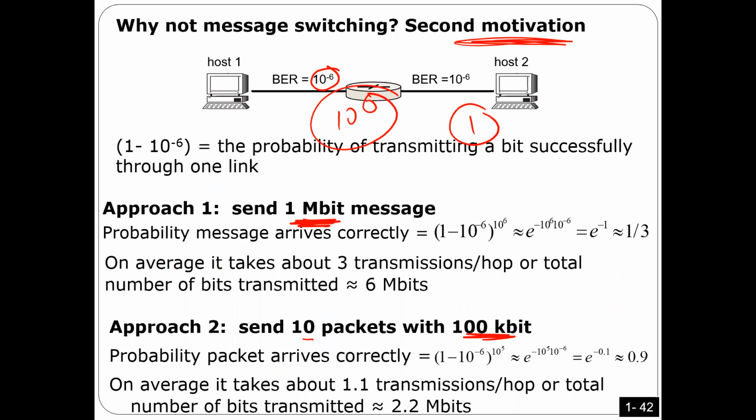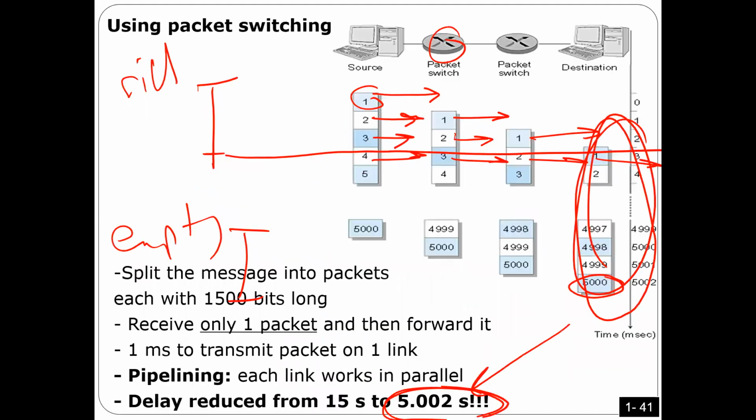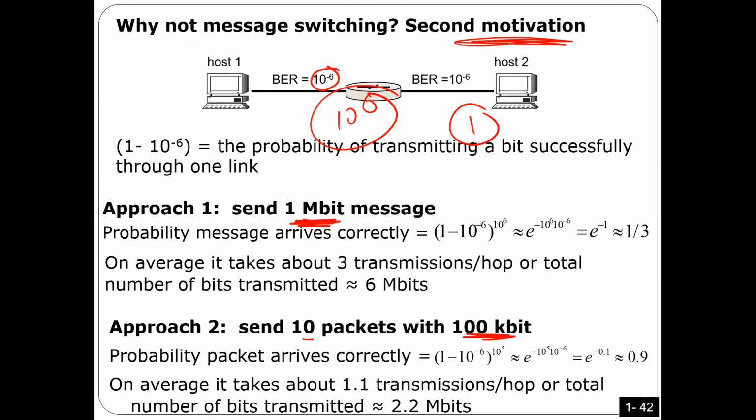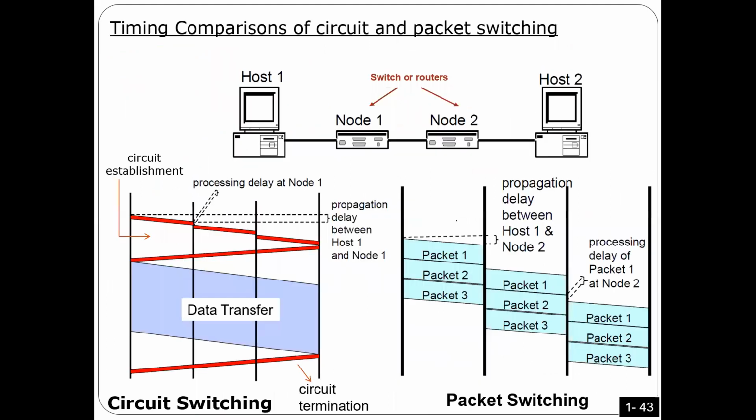If I ask you to justify why in the internet we use packet switching instead of message switching, the answer should be because of the delay, and also because of a higher success rate in the transmission. That's it.